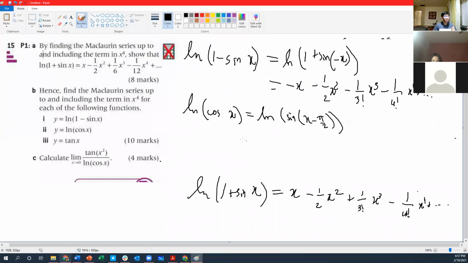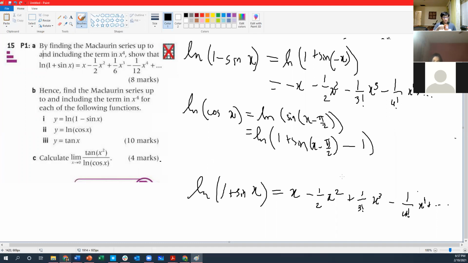Okay, so now what I would do is use this idea here. We still need to push it to this form, right? So I can say this is ln of 1 plus sine x minus pi over 2, minus 1. Does that work?